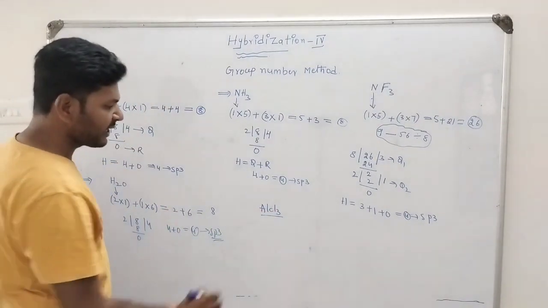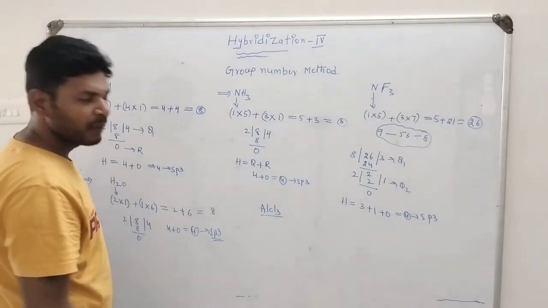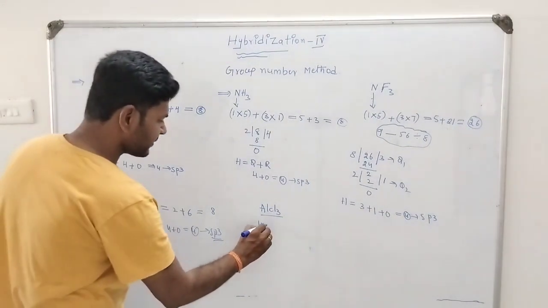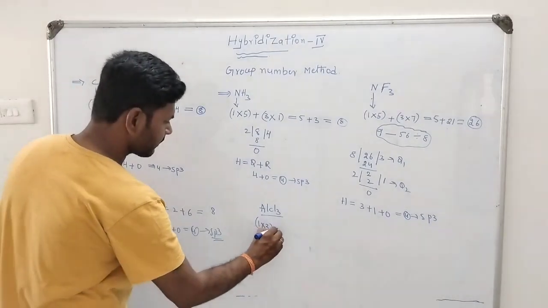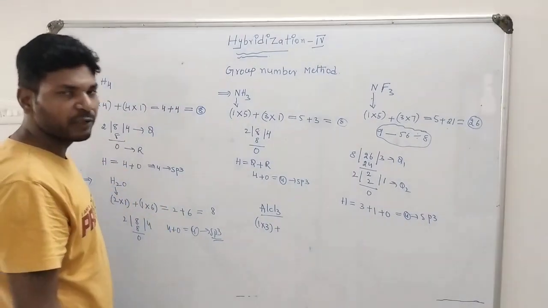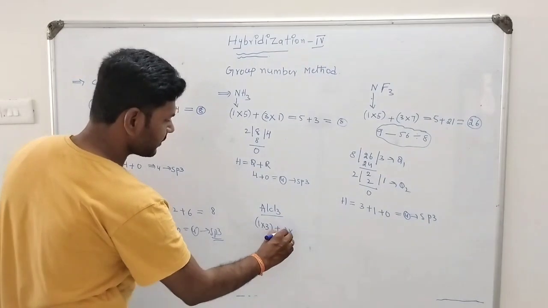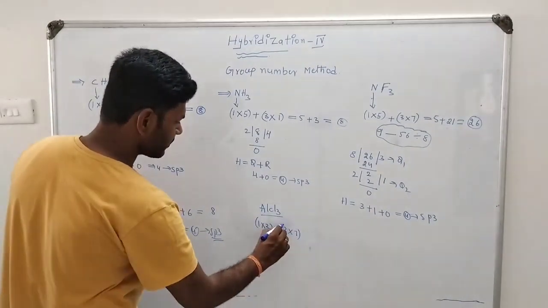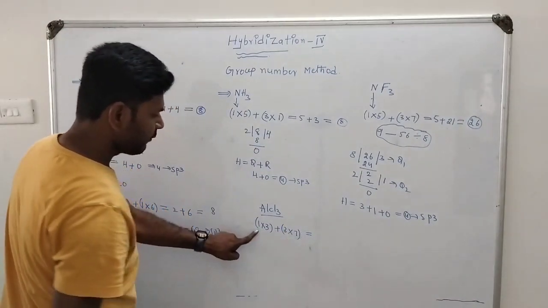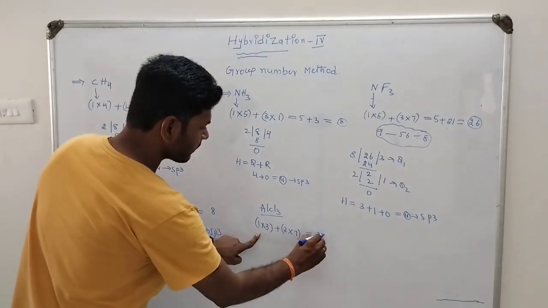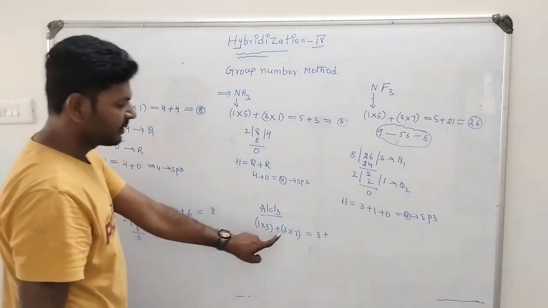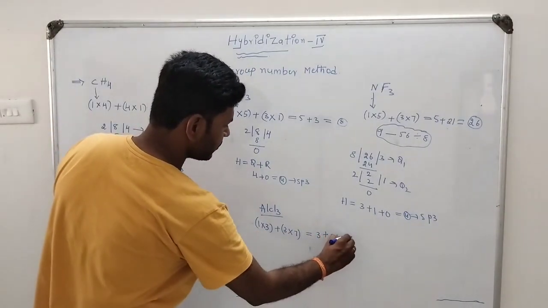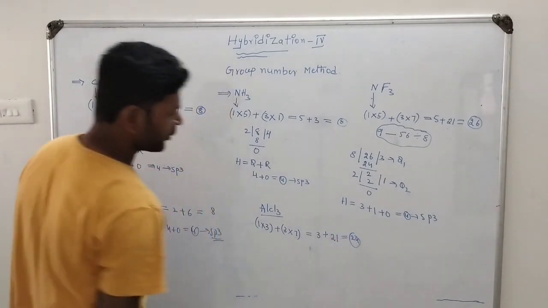AlCl3, aluminum trichloride. Total aluminum 1 into aluminum group number 3, plus chlorine total number 3 into its group number 7. 1 into 3 is 3, plus 3 into 7 is 21, which equals 24.